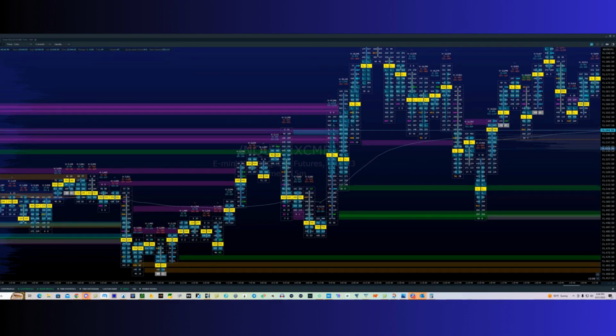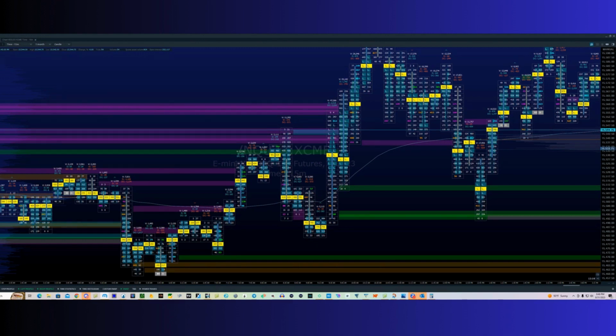But I would not base any trades solely on this, unless this is specifically what you decided to view and take your trades off of, which there are people that do. There are people that view 5-minute footprint charts or even tick-based charts or range-based charts and take trades off of them. But if it's not something that you do, I don't think that's a wise decision.